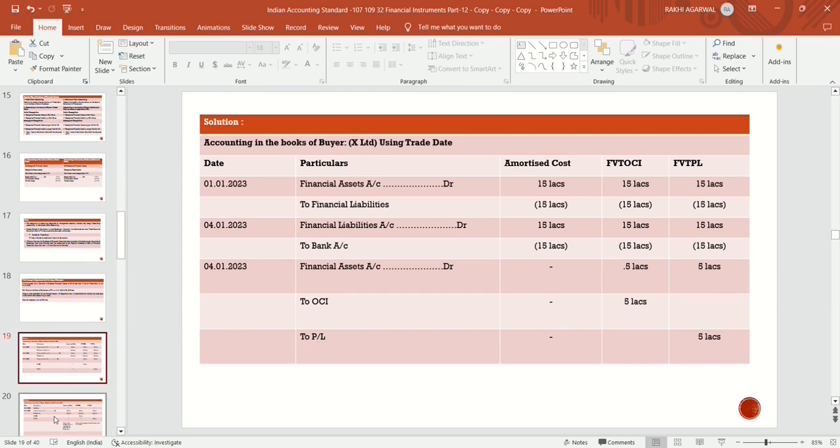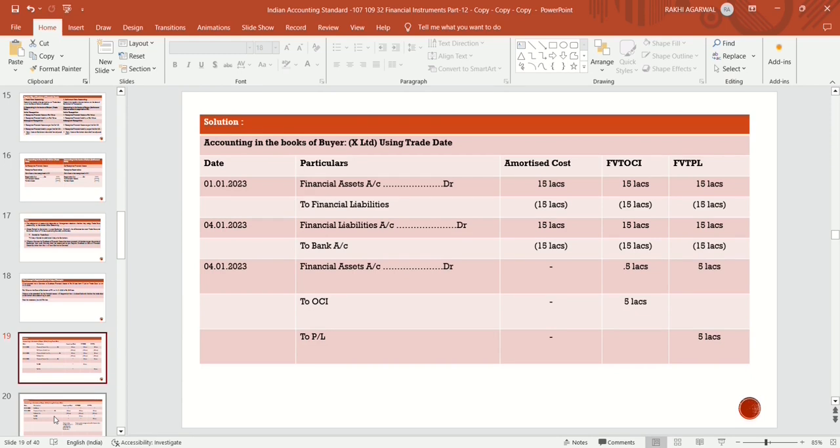So financial asset account debit to financial liability at amortized cost, that is 15 lakhs. In the same way we will recognize at fair value through OCI and fair value through P&L. On 4th January 2023, that is on the settlement date, the financial liability is to be reversed because that liability is to be settled or paid.